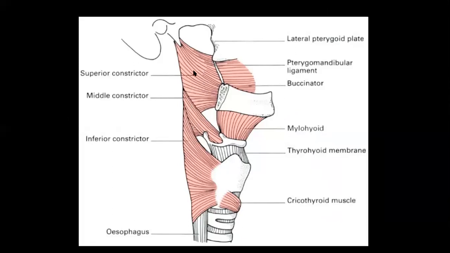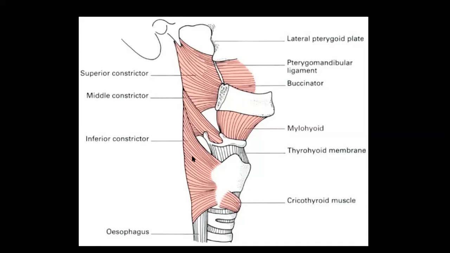Floor means some muscles which form the floor for these contents. What structures form the floor? Inferior constrictor muscle, middle constrictor, and superior constrictor muscle. These constrictors are what? These are the muscles of the pharynx. These structures form the floor of the carotid triangle as well as muscular triangle.